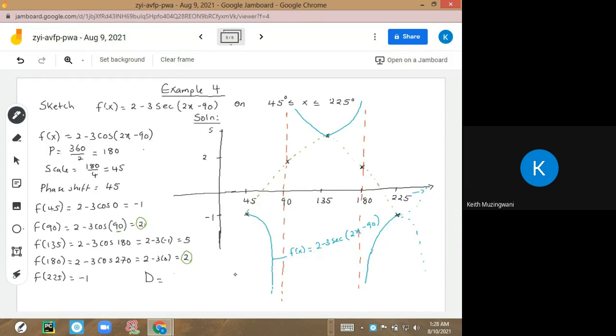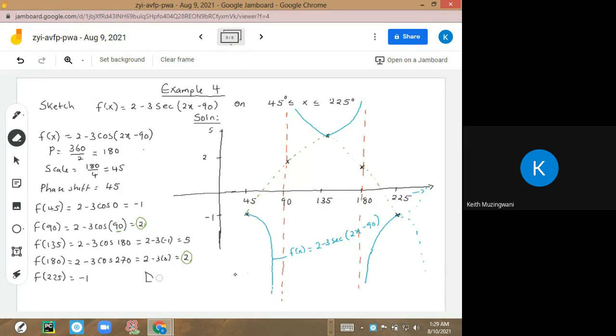So we are dealing with 90 to 180, and then you'll be skipping. So you only give the special domain. So you would have unions here. Or you can just give the domain within the given interval.